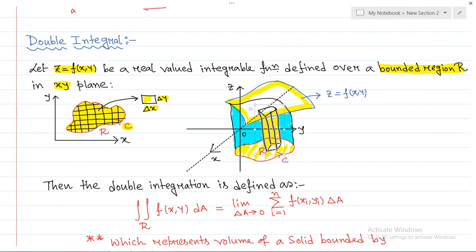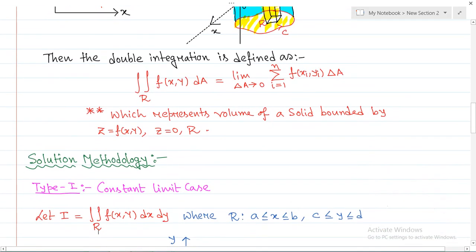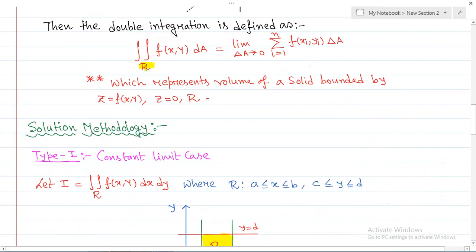The similar limit sum formula we can write for the double integration: double integral over R of f(x, y) dA equals the limit as delta A tends to 0 of the summation from i equals 1 to n of f(xi, yi) delta A. The concept is quite similar to the previous one.